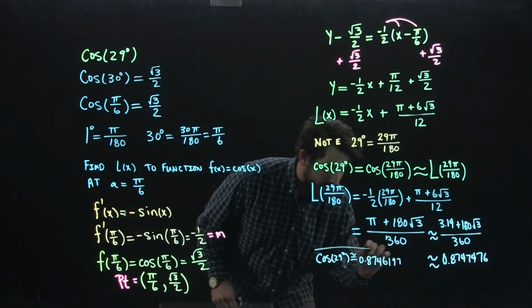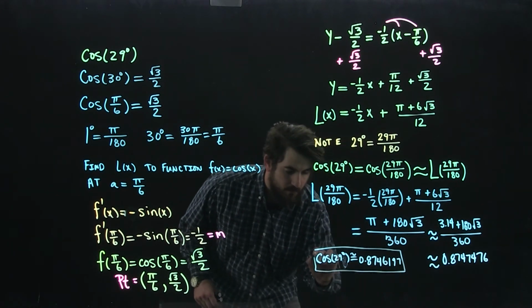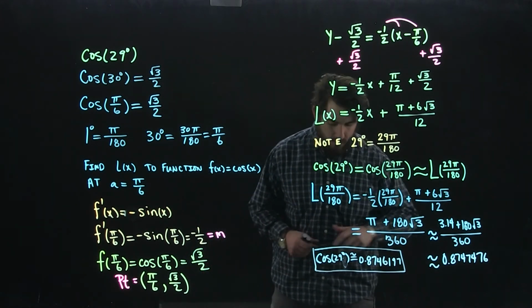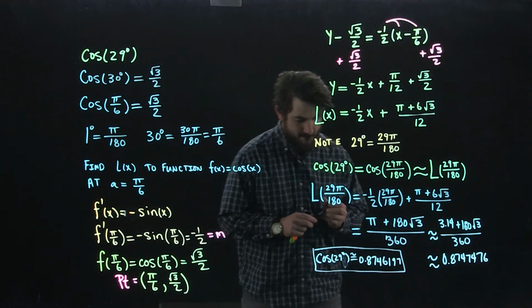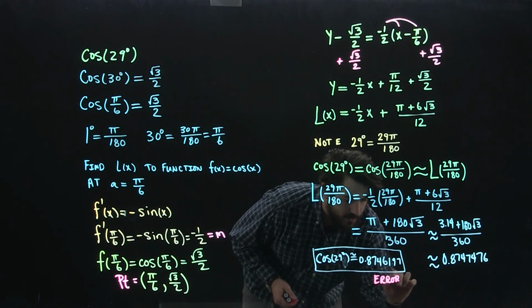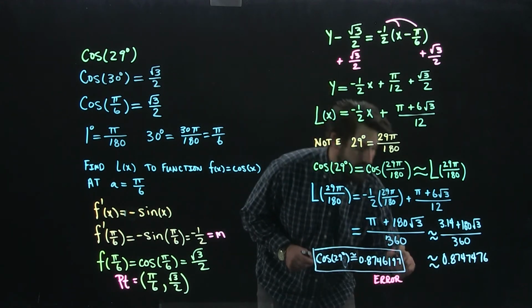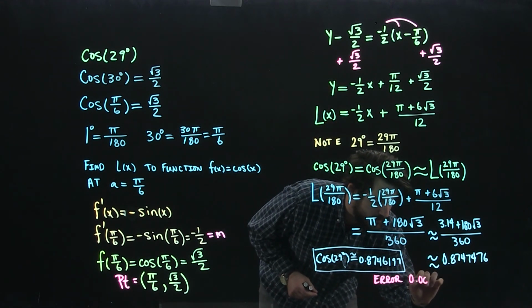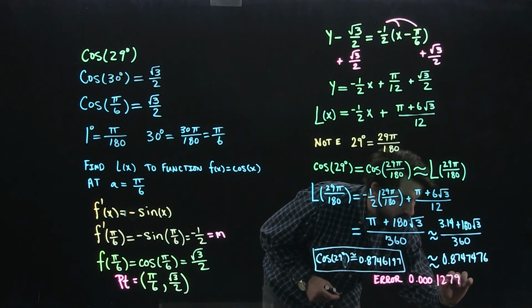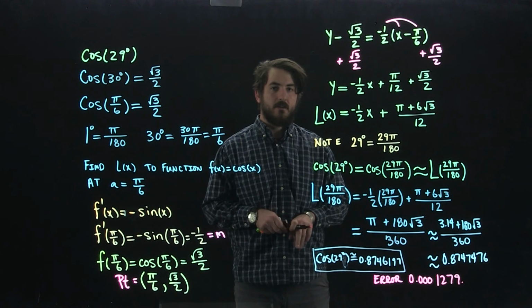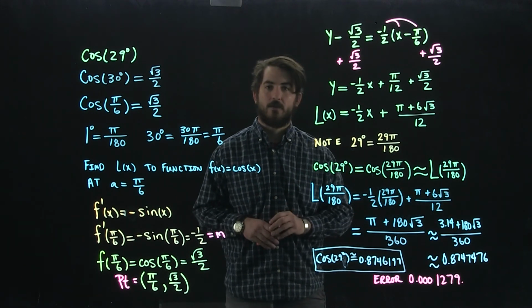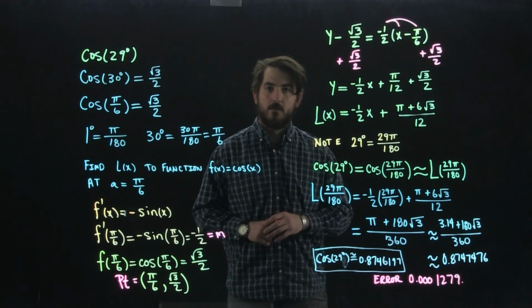Okay, that is the best approximation using a calculator. The error between these two approximations is 0.0001279, which I don't think is that bad. On a desert island with a basic calculator that can only calculate square roots, we would be in good standing.